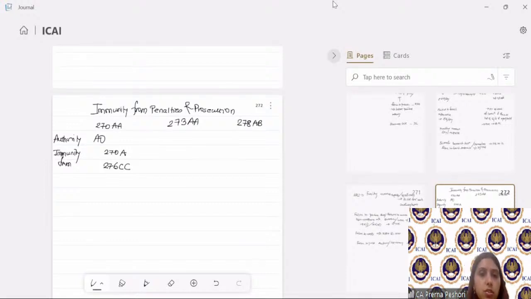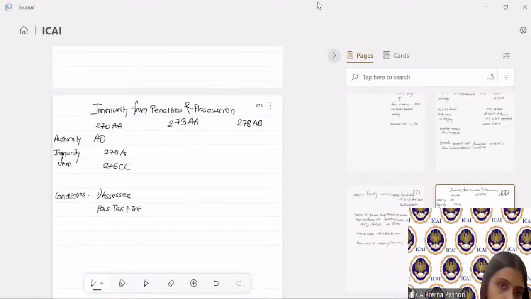And what are the conditions? So the first condition is that the assessee pays tax plus interest as per the assessment or reassessment order within the time specified in the notice of demand.